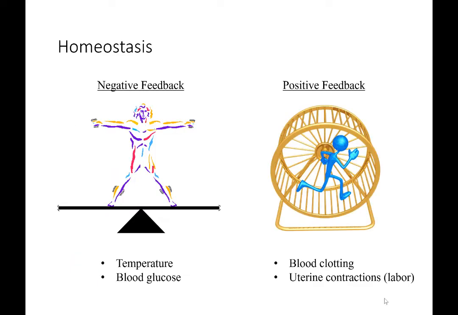Homeostasis is a way of keeping the body in check and keeping our body within its normal ranges. 98% or 99% actually of our systems utilize a negative feedback loop. The negative feedback loop is something that is like a temperature, which is like your thermostat in your house.